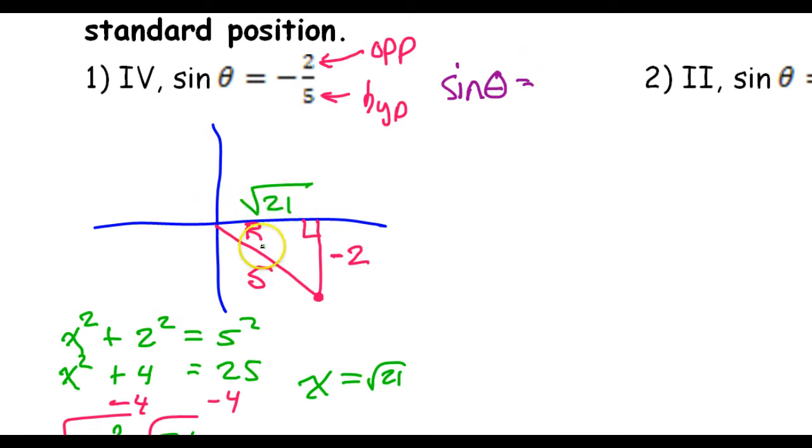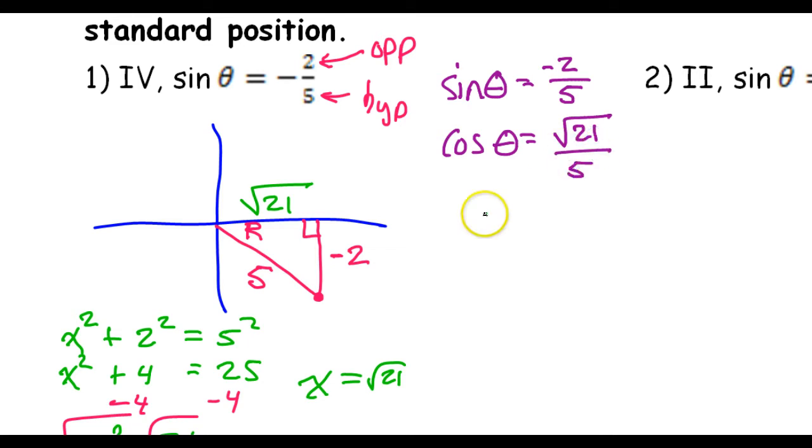So sine is opposite leg over hypotenuse, so that's going to be negative 2 over 5. Cosine is adjacent leg over hypotenuse, so that's going to be radical 21 over 5. Tangent is opposite over adjacent, so negative 2 over radical 21.